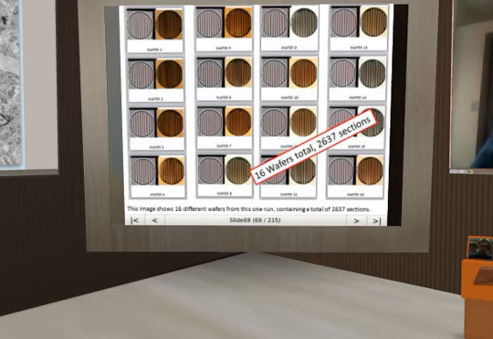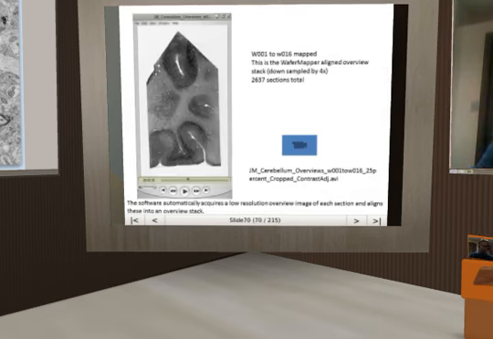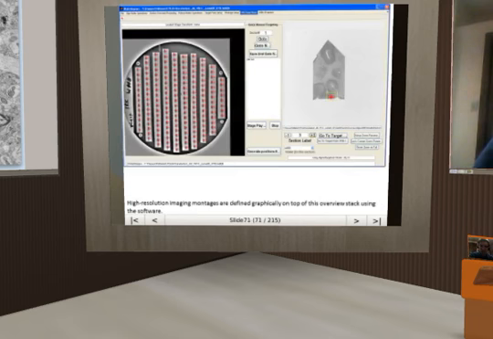And to give you an example, this image shows 16 of these wafers from this one run, containing on just this page 2,637 sections. The software automatically acquires a low-resolution overview image of each of these sections and aligns these into an overview stack.